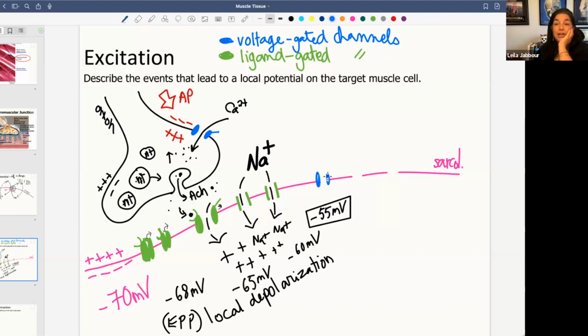voltage sensitive channels that open that were sitting downstream of the sarcolemma, and they were waiting. They were normally closed, so I'm not going to draw the gate closed, but they were closed. These are voltage sensitive channels, so they're watching all of these ions coming in because of acetylcholine binding, and they're like, this is okay. I guess that's how you work. This is not how I work.